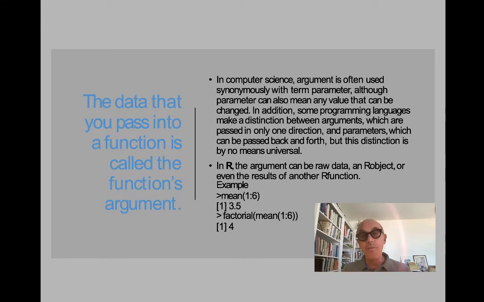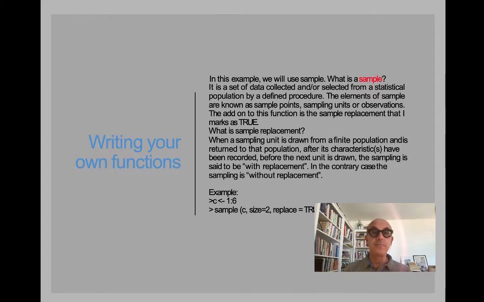For example, the mean is a function: 1 divided by 6, and it will be 3.5. Factorial is another function that we will learn about in descriptive statistics. And we can add to the factorial function a mean and 1 divided by 6 as a data container, and it will give us the result of it.